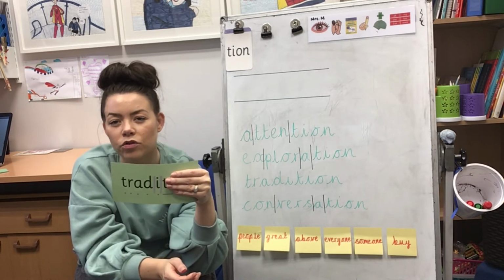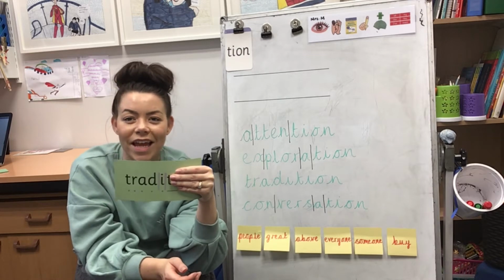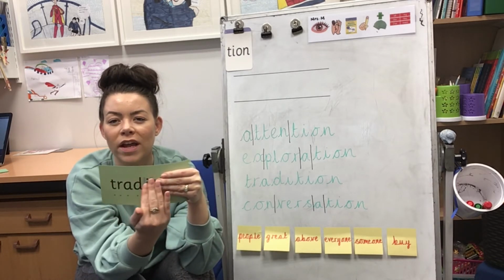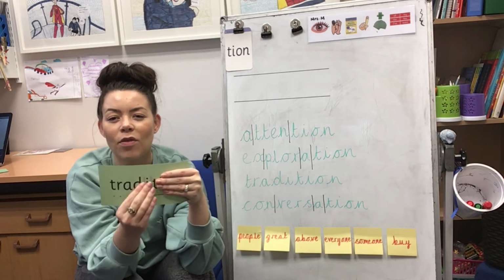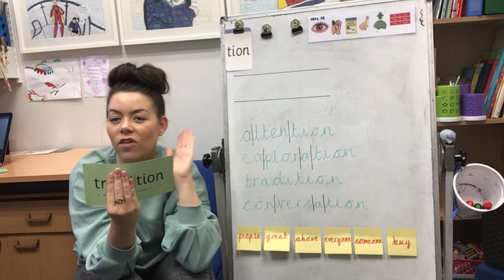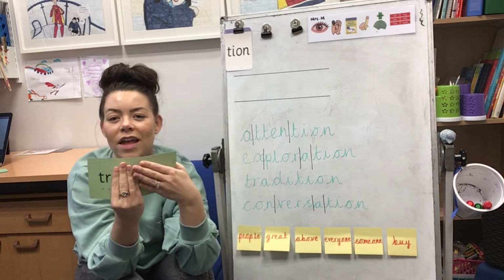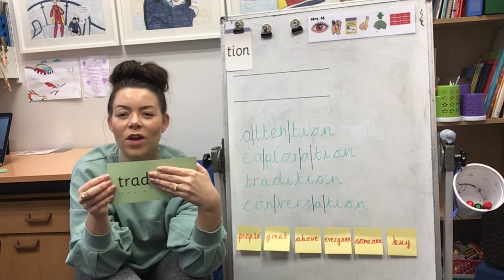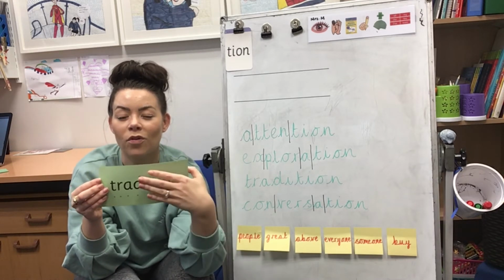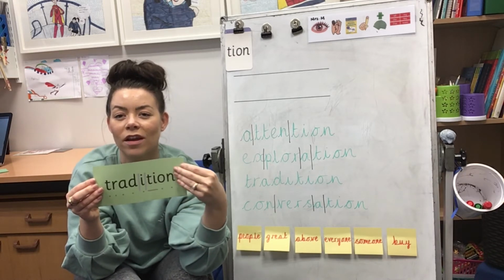I. So we've got trad, i. So now we've looked at one chunk, we can add another chunk on. Trad, i. Then we've got the last chunk, which is our sound for today, which is shun. Okay, so let's look at the first chunk again. We got tradition. One more time. Tradition. Bit quicker.